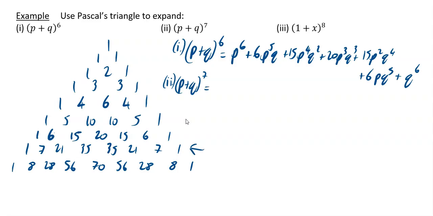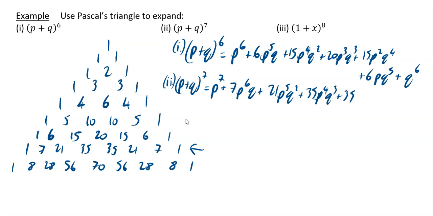The first coefficient is 1, so that's going to be p to the power of 7 plus 7 p to the power of 6 q to the power of 1 plus 21 p to the power of 5 q squared plus 35 p to the power of 4 q cubed plus 35 p cubed q to the power of 4 plus 21 p squared q to the power of 5 plus 7 p times q to the power of 6 plus q to the power of 7.